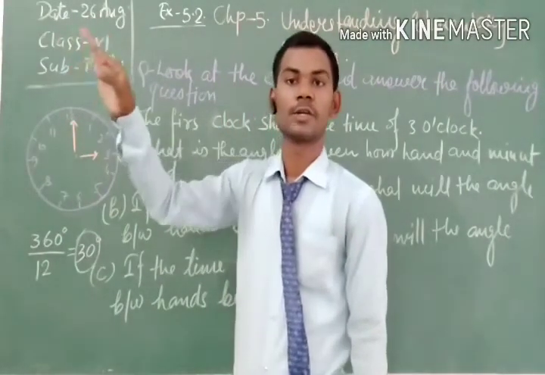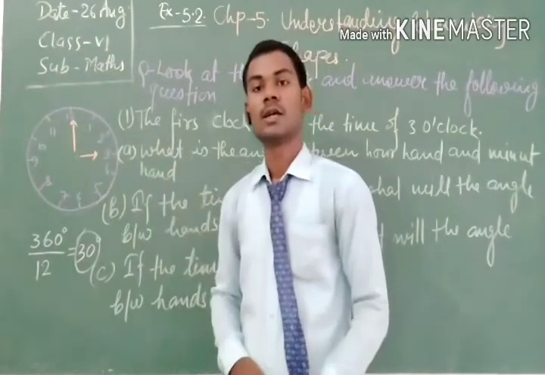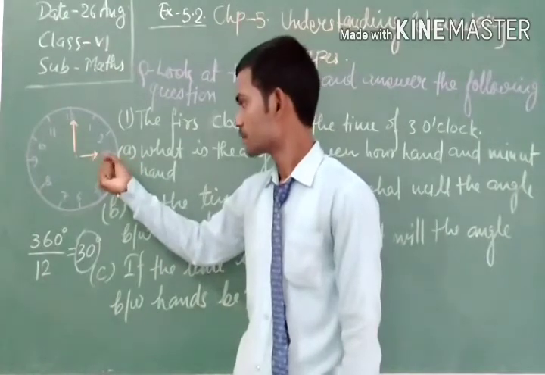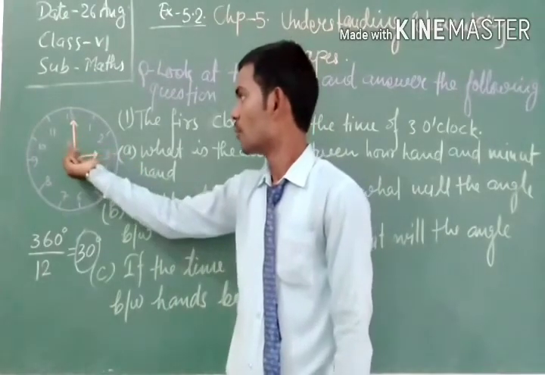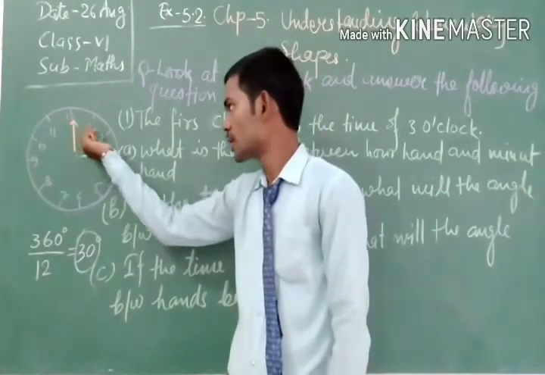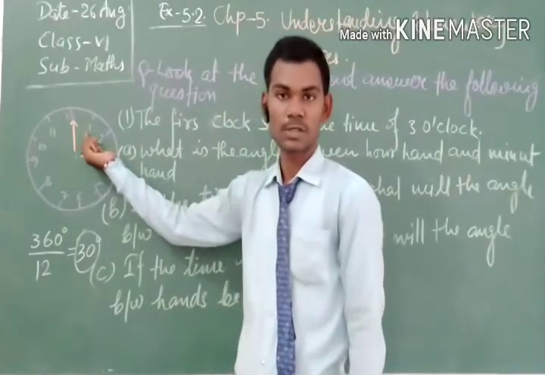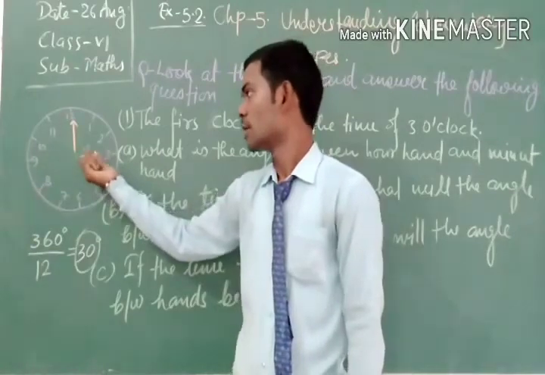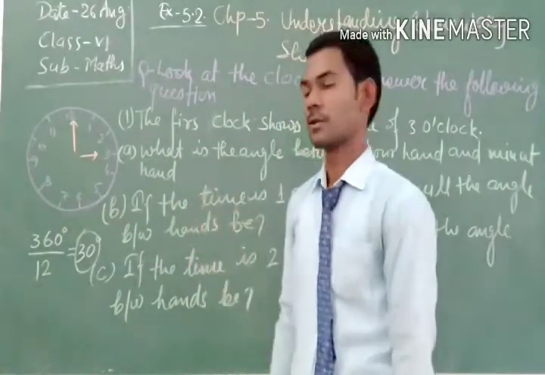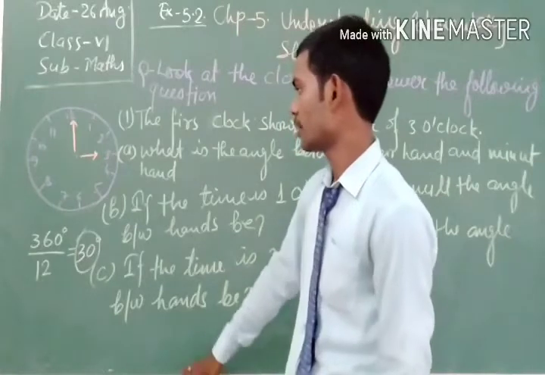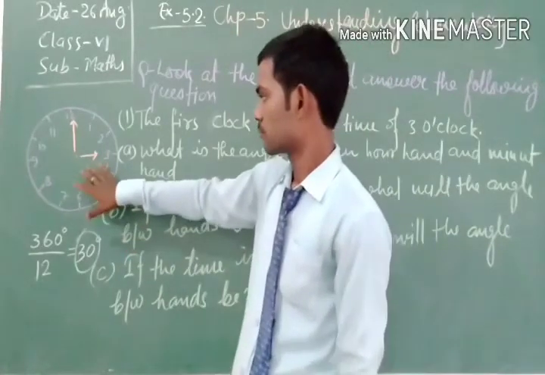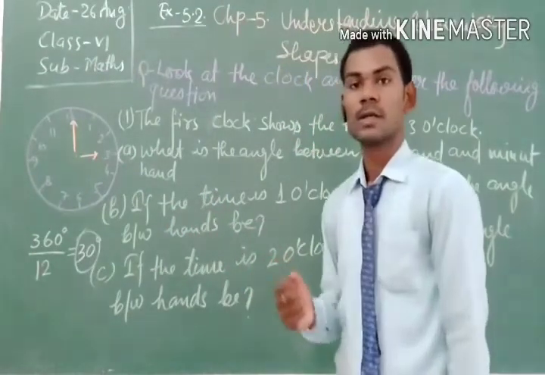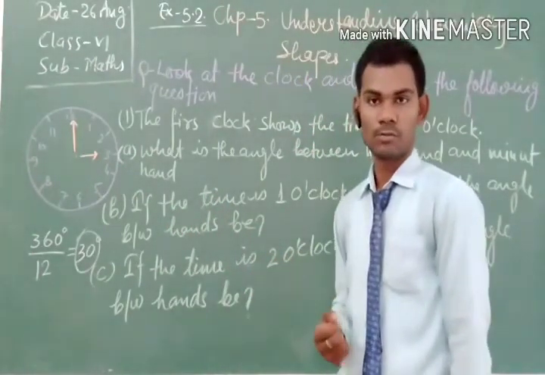So if the minute hand moves from one position to its adjacent next position, then the angle that it forms is 30 degrees. These are the main facts that we have to know.